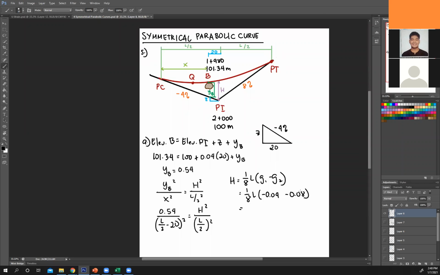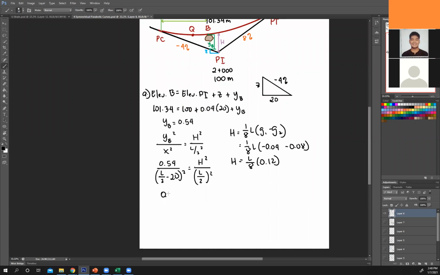So now 1/8 times this, you get H is equal to L over 8 times 0.12. Sub that here: 0.54 all over L over 2 minus 20 squared equals L over 8 times 0.12 over L over 2 squared. So everything now is in terms of L. Please solve.